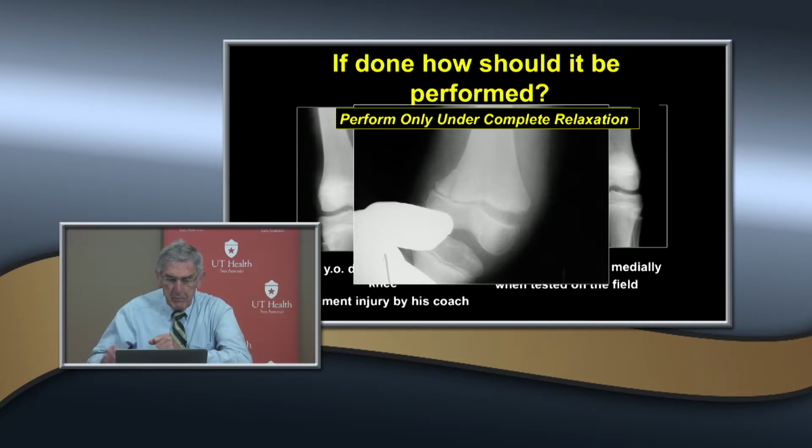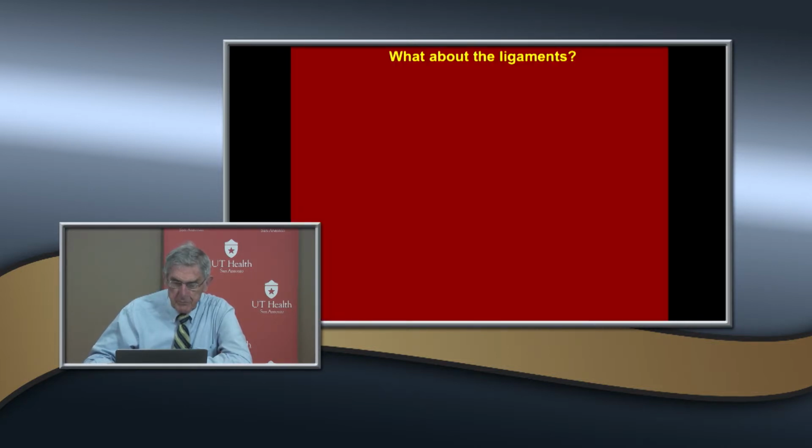If not, you may create some kind of stress or forces across there and run the risk of injuring the growth cells. So if you're going to do it, you need to make sure that they're completely relaxed, otherwise it's very painful. Although we used to do this in the emergency room and see it open up to confirm it.